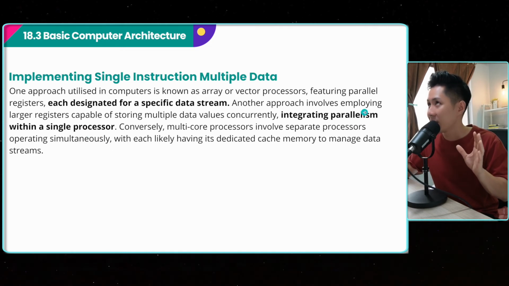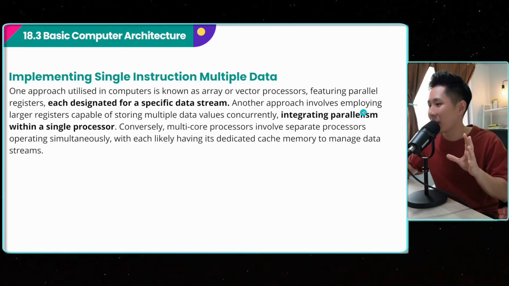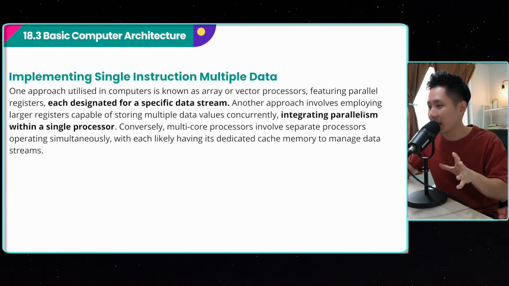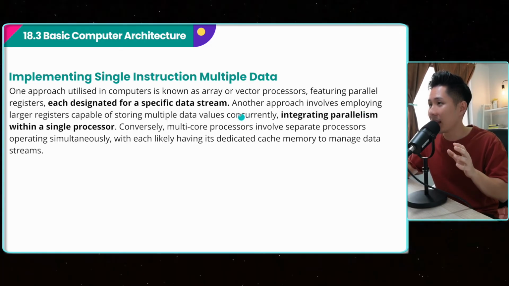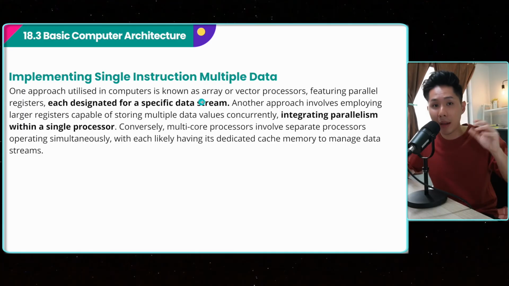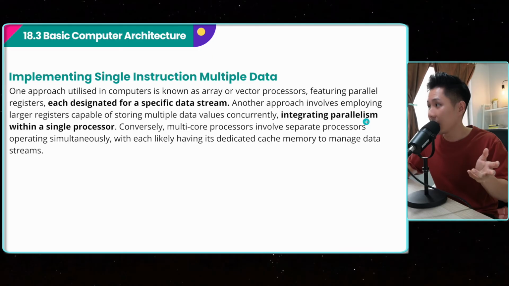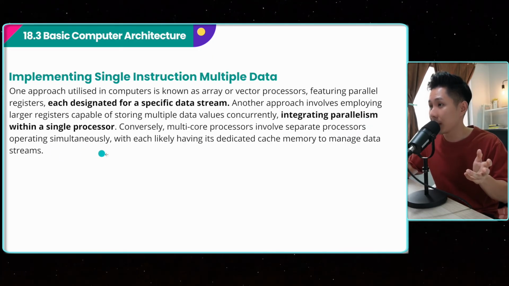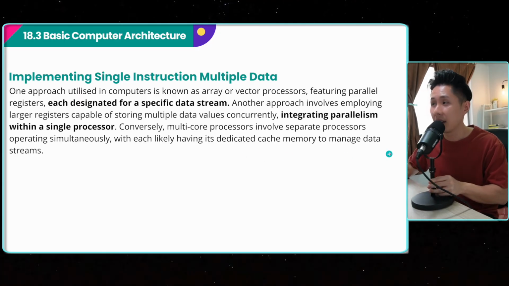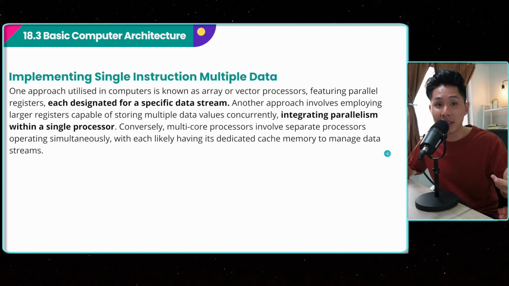Parallelism is basically how we handle multiple data at the same time. So there are two ways: many registers or one big register that allows parallelism. Conversely, a multi-core processor involves separate processors operating simultaneously, with each likely having its dedicated cache memory. So this is how it is implemented.